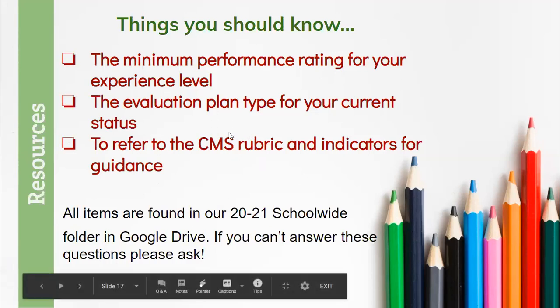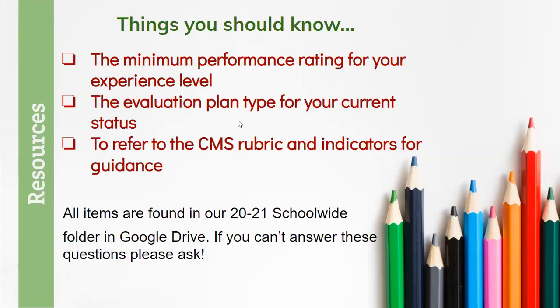The evaluation plan status, that is something that we're taking care of for you also, but you need to know what type of plan you will be rated on this year. And you also need to be able to refer to the CMS rubric and indicators for guidance. And all of these items are found in our school-wide folder 2021 in Google Drive.